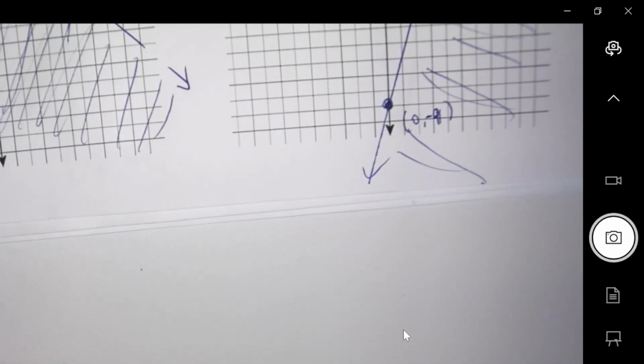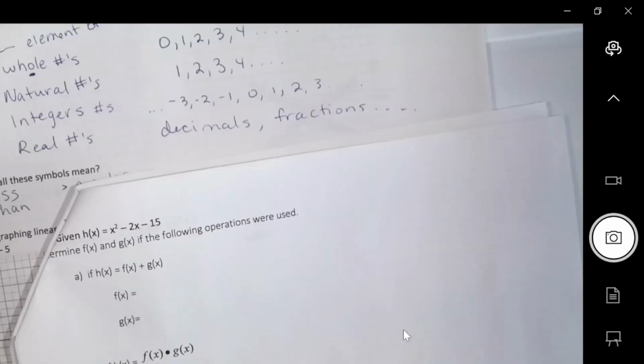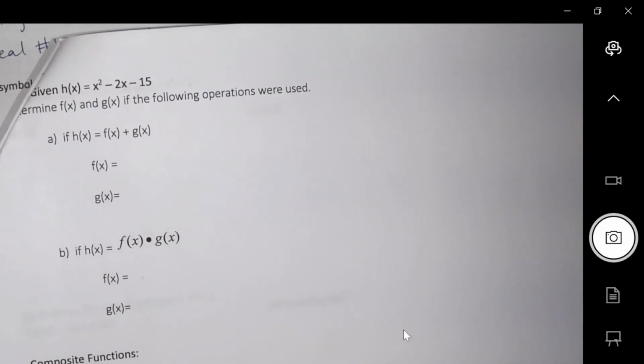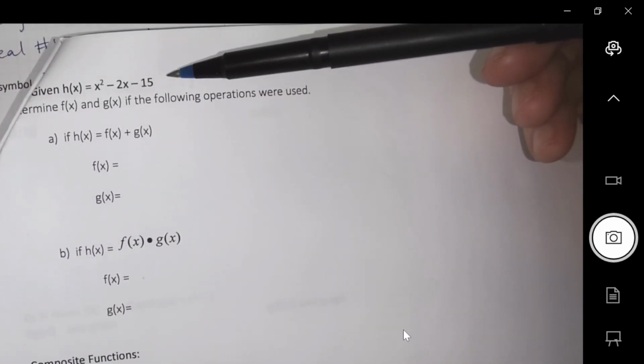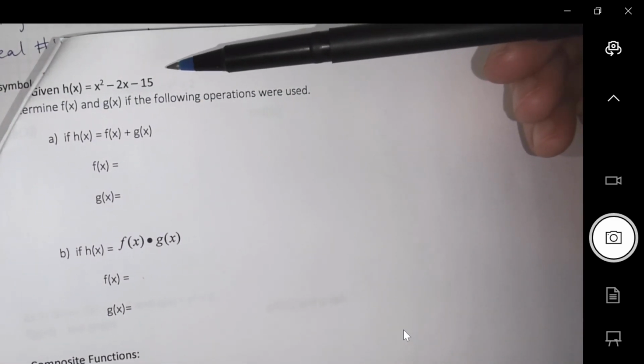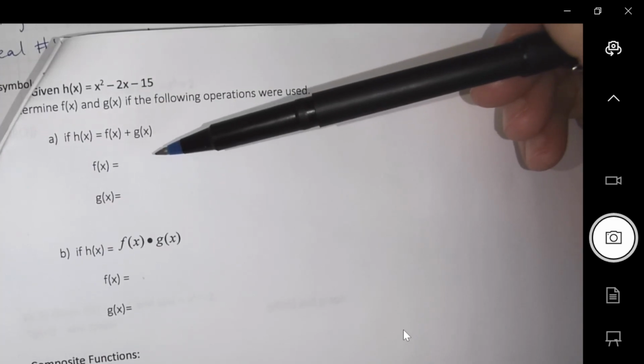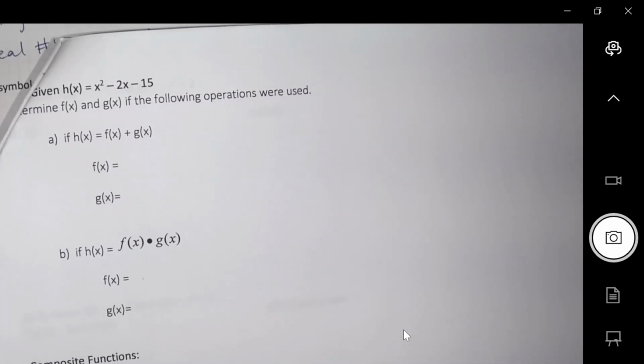Okay, last example. Okay, h of x I gave you, so I gave you the final. Can you think of two functions that would add together to make that? Anybody could have anything random, as long as when you put yours together, they add to that. So think of something.